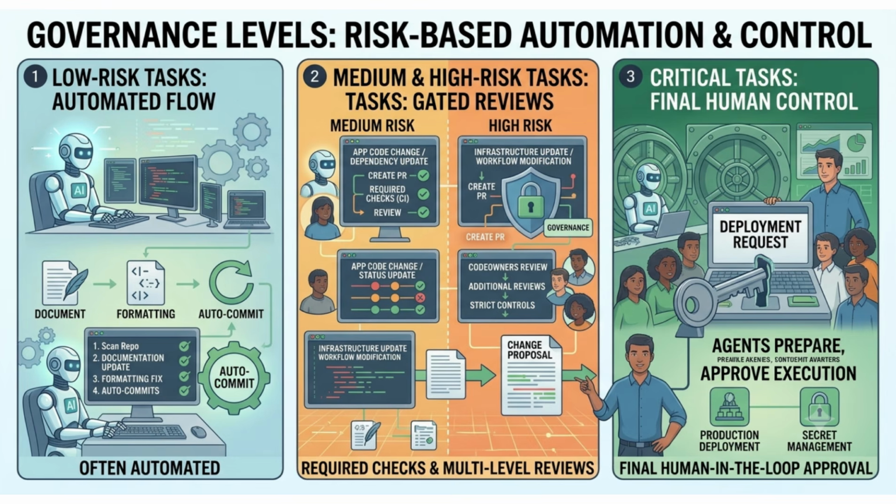High-risk tasks, for example infrastructure updates and workflow modifications, require code owner's approval, additional reviews, and stricter controls. Critical tasks, for example production deployments and secret management: agents can prepare changes, but humans must approve execution.